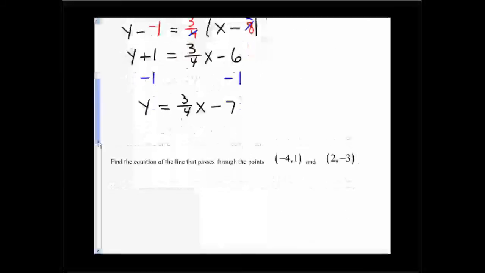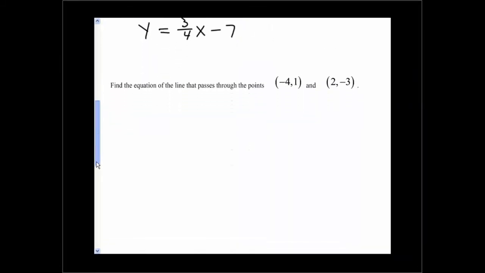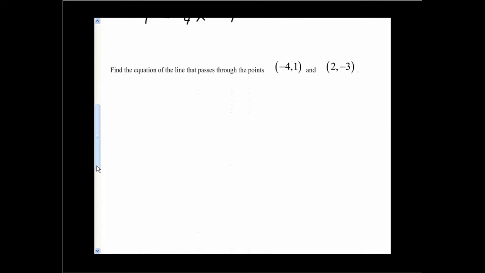The last example is when you want to find the equation of a line that passes through two ordered pairs. The first thing we need to do is find slope.